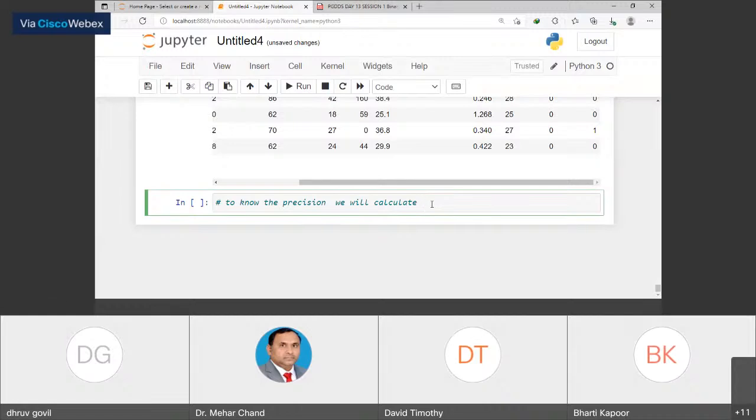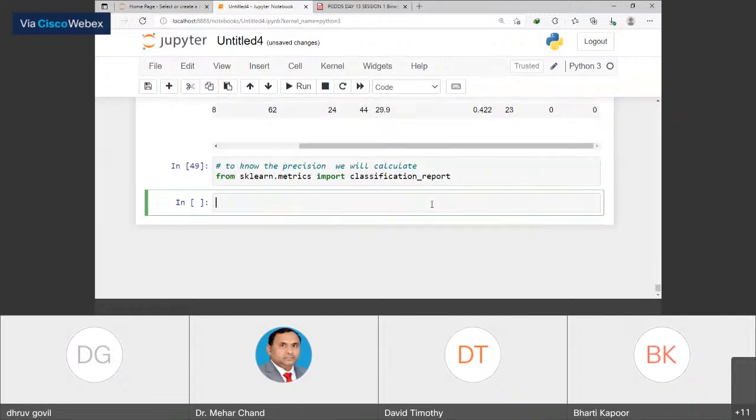So we will calculate it now. The classification, now from sklearn dot metrics, classification report. Okay.